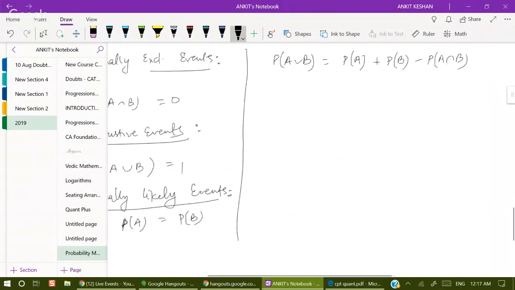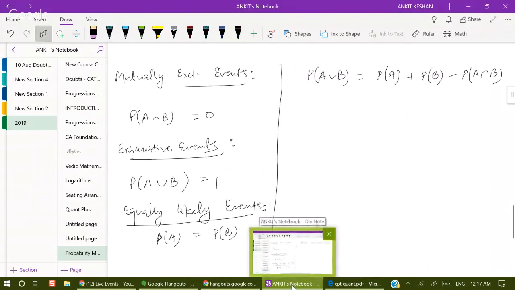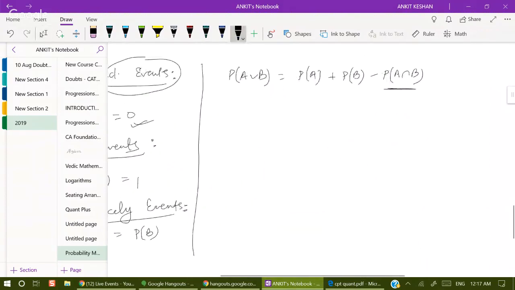So what will be the case when there are exclusive events? When there are exclusive events, this part will be 0. So for exclusive events, P(A union B) is equal to PA plus PB.